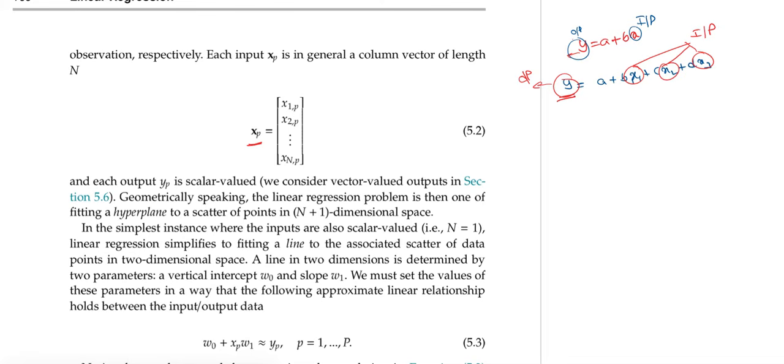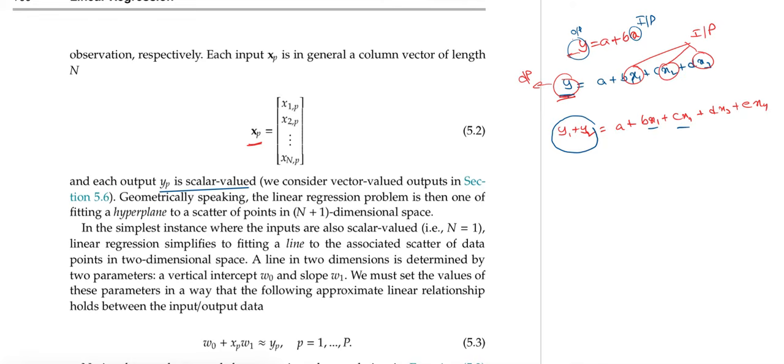Whereas for multiple outputs, for example y1 and y2 equal to a plus bx1 plus cx2 plus dx3 plus ex4, this is not a scalar, this is a vector. That makes the difference. So here each yp is scalar valued, because only one output is expected. If more than that is expected, it may be different.